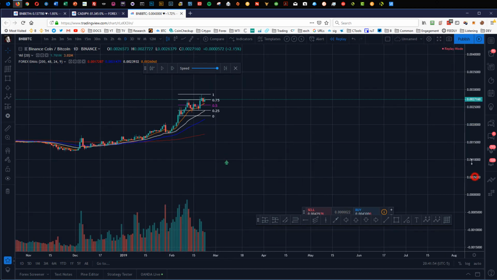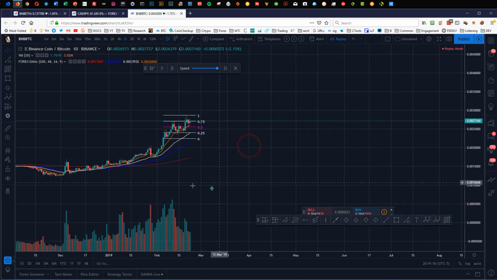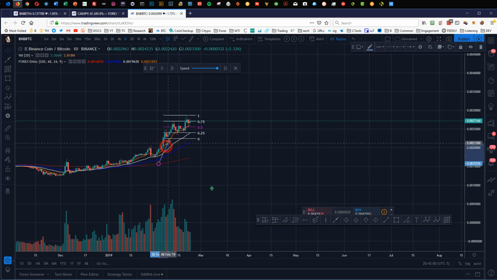But what you're also looking for when you're looking at moving averages is, well, the 9 is above the 24, and that's a strong bullish sign that the 9 is still above the 24. There's room here on the 24 moving average, which is a 24 exponential moving average on the daily time frame, to come to the middle of this value range.